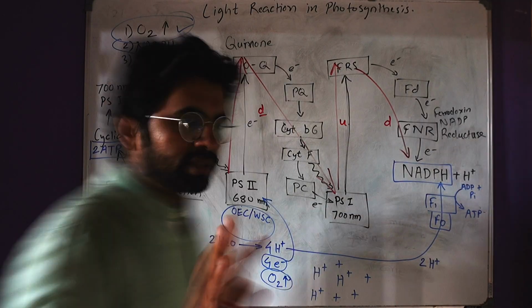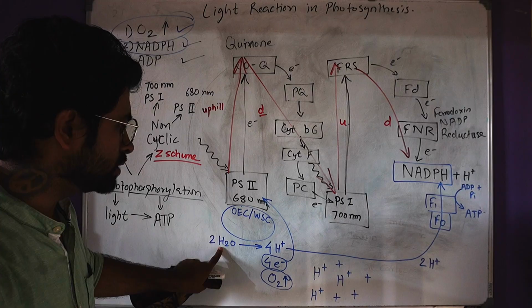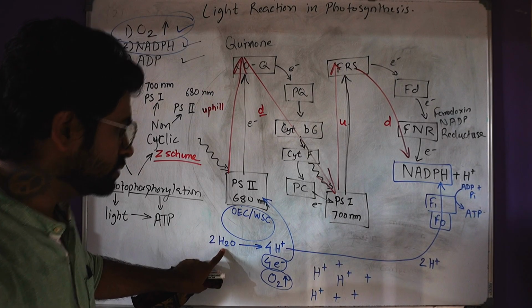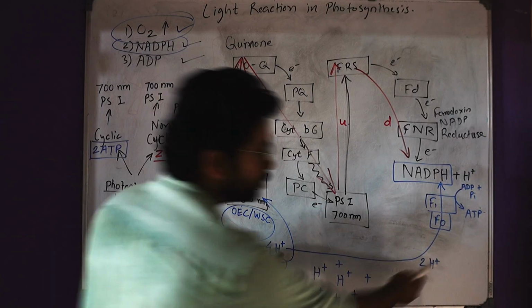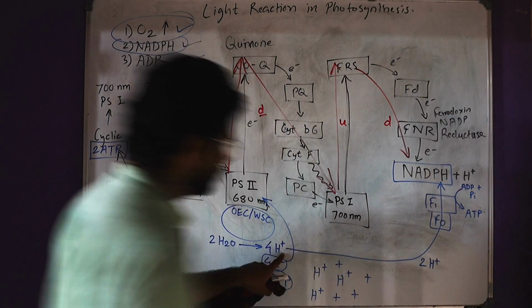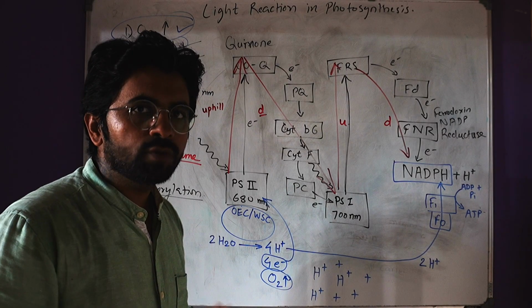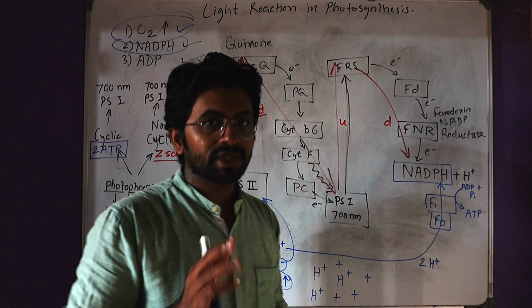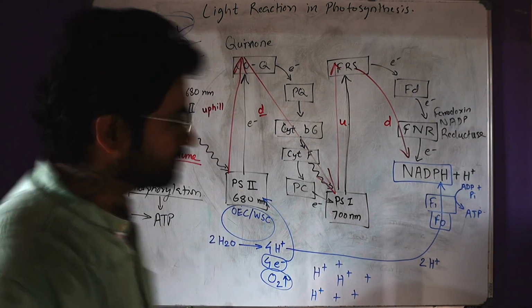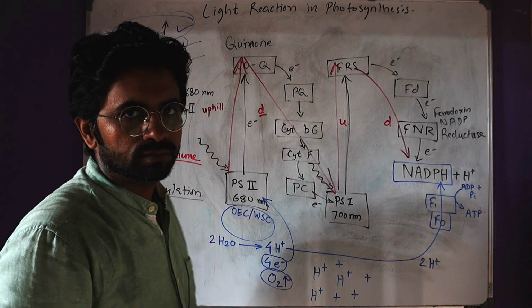Now imagine if two water molecules are split, so there are four protons. I am saying for two protons one ATP, so for four protons, how many ATP? You will say 2 ATP, but that's not the case. Why? Wait. Here we are looking at plastoquinone.